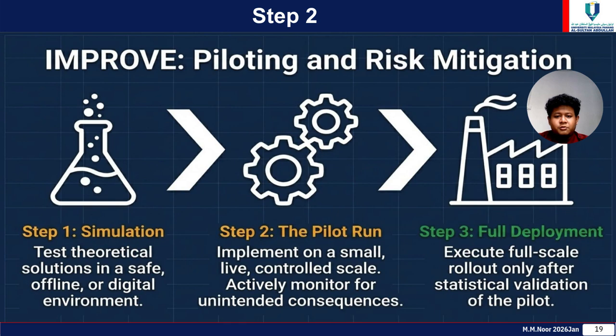During this run, we actively monitor the system for any unintended downstream consequences. Step 3 is full deployment. We execute a full-scale rollout across all lines only after we have compiled statistical validation from our pilot run.